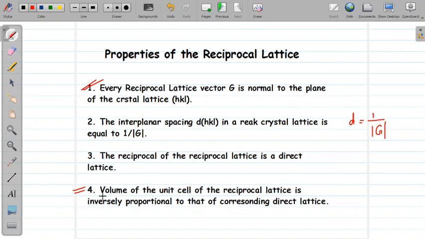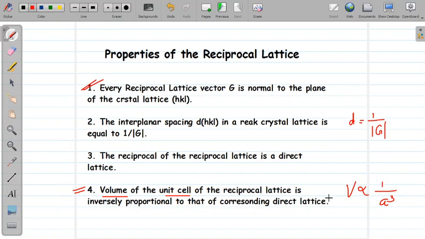So if we calculate the volume of the unit cell, it will be inversely proportional to the corresponding direct lattice. We get proportional to 1 by a cube, or 2 pi by a the whole cube. These were the volumes of the reciprocal lattice of a simple cube and so on. So this is the correlation of the volume of the reciprocal lattice and the direct lattice.